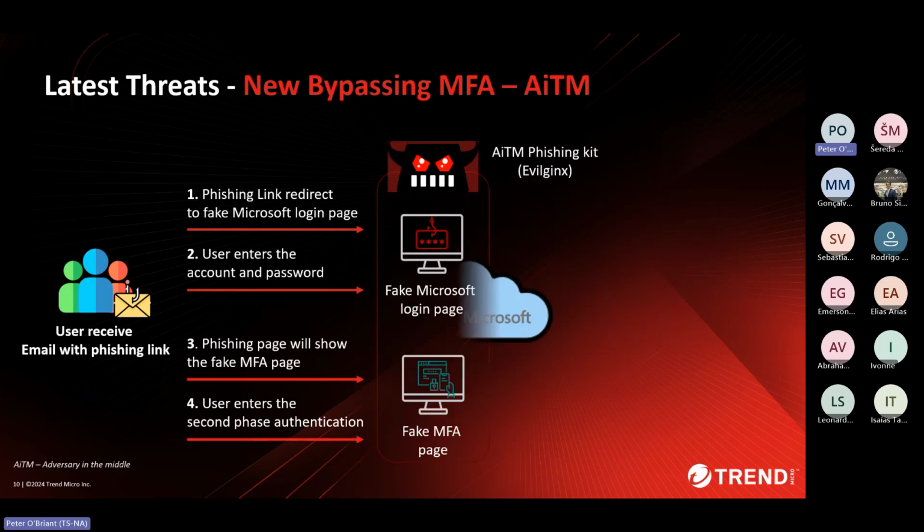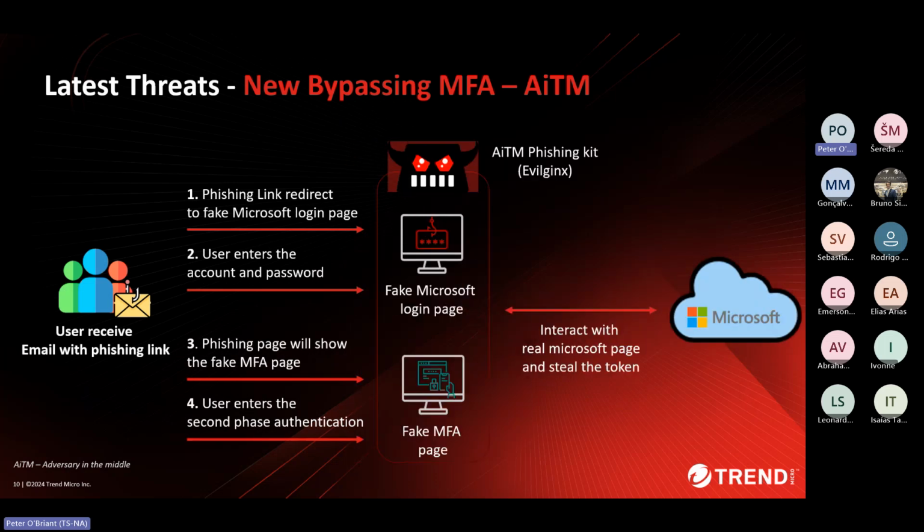So this is the one that's kind of a little bit on the scary side, if none of the others are. Here's an example of the latest one, which bypasses MFA, also called the adversary in the middle attack. Here you see the user receives an email with the phishing link, just like they normally would, but it takes them to a fake Microsoft login page. And like I said, they've gotten really good at making it look convincing. So you think, oh, okay, it's legit.